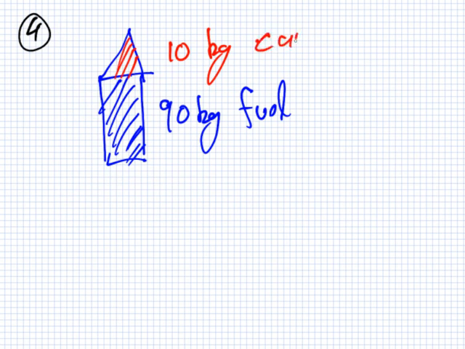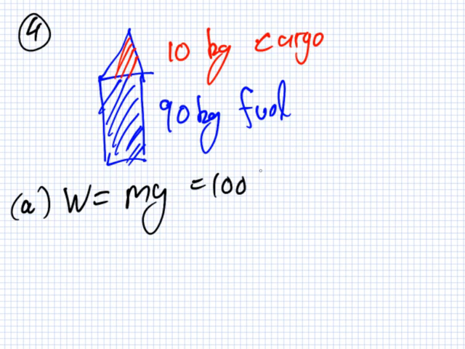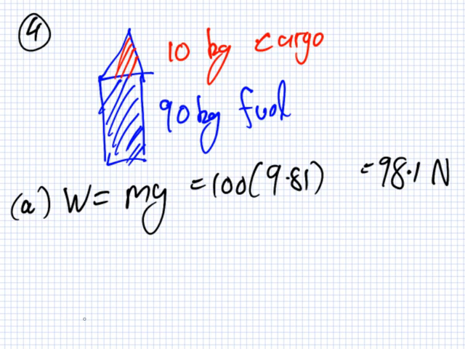We can just call it the cargo. Right, so what's the formula for weight? Weight equals mg, which equals 100 g, which equals 981 newtons. That's okay? Yep.